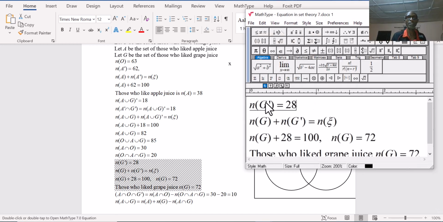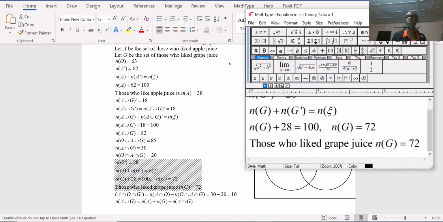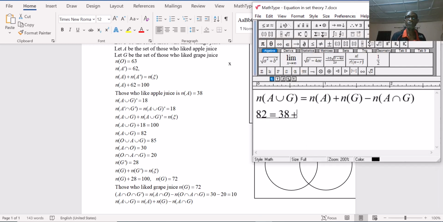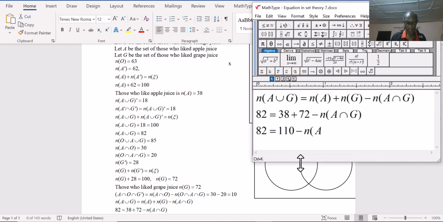G complement, those who don't like grape. We've been able to find out that those who like grape juice is 72 from our calculation. So I'm going to put that into this: 38 plus 72 minus A intersection G. So add that together, 110 minus A intersection G equals 82.